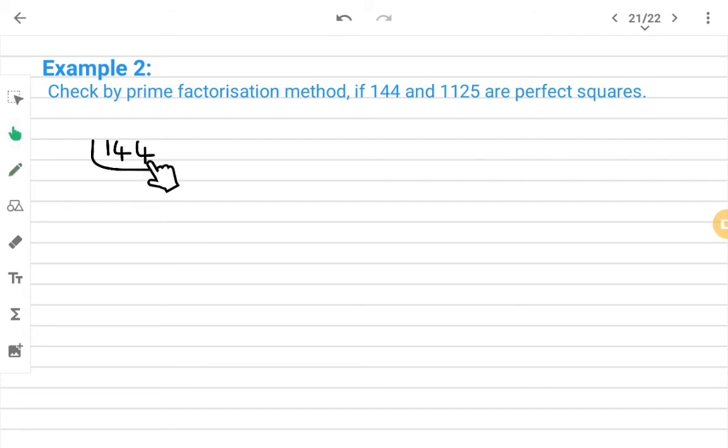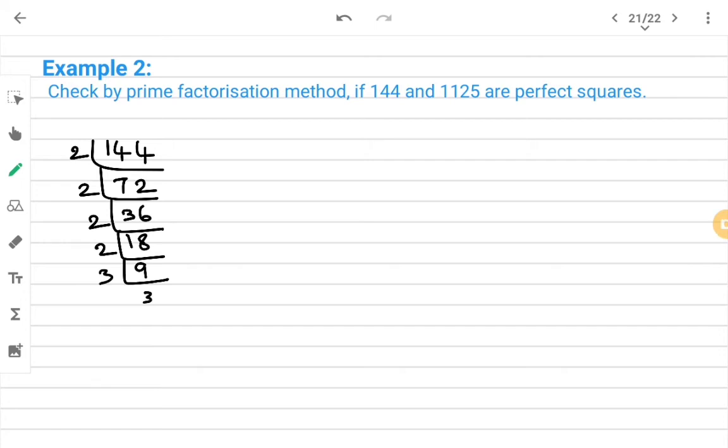Here the ones place is 4, so I am going to divide it by 2. So what will you get? 72. Again you can divide it by 2. So 36. Again by 2. You will get 18. Shall I divide it by 2? Yes. 9. Then 3, 3 3s are 9.